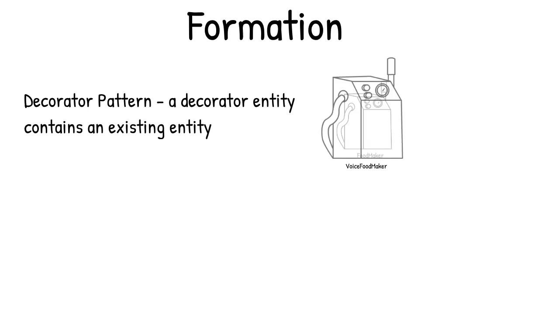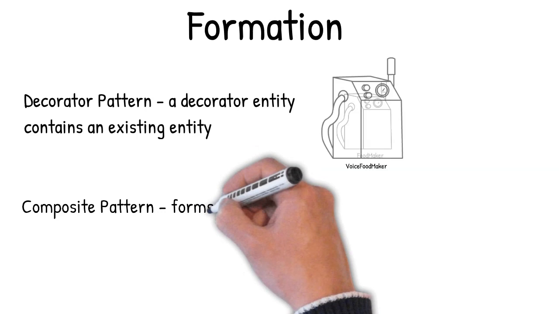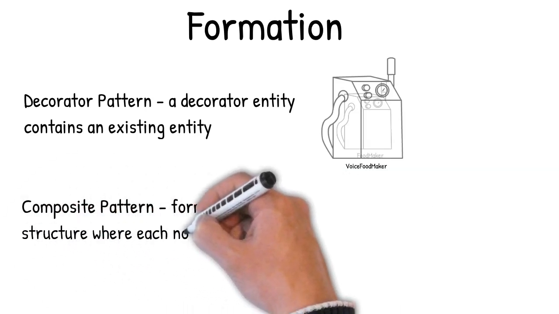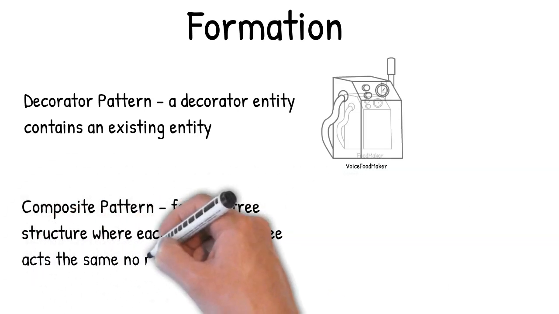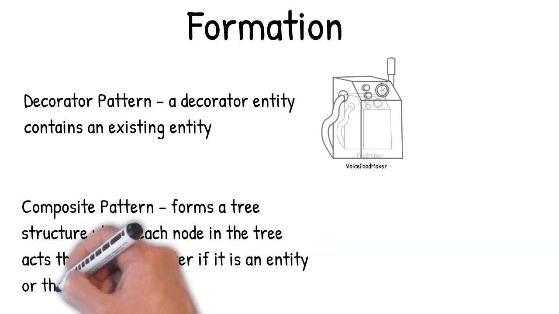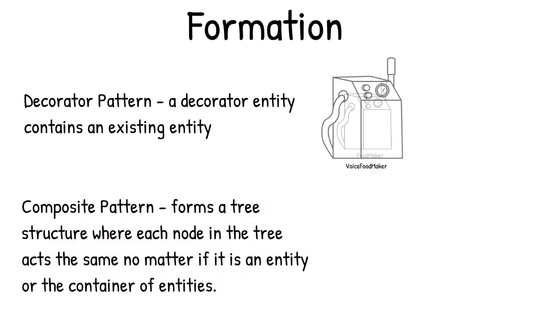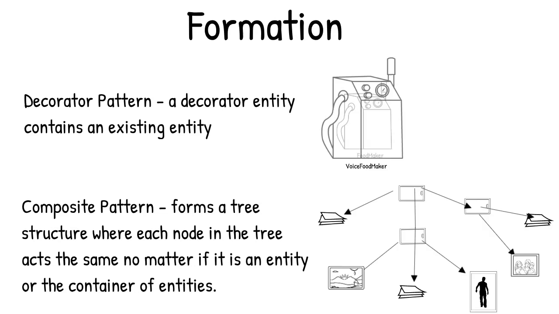In case of composite pattern, it forms a tree structure where every node inside a tree can be either a container of entities or it could be an entity itself. And from the consumer point of view, composite pattern ensures that every node acts as the same node, no matter whether it is a container or an entity itself.